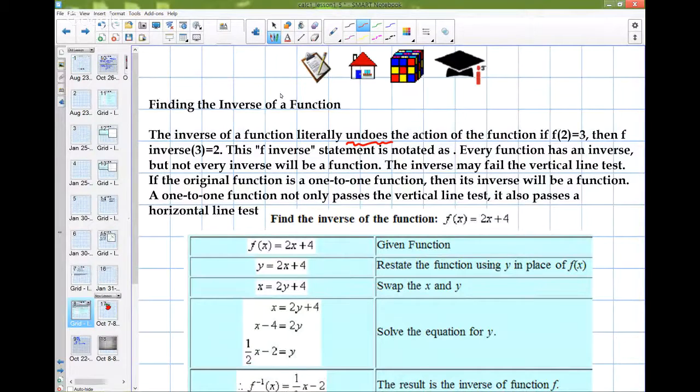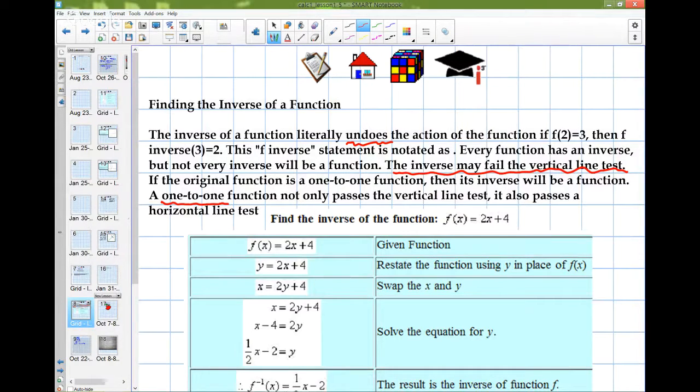The inverse might fail the vertical line test: a parabola's inverse turns out to be a sideways-opening parabola, and it fails the vertical line test. This is called a function being one-to-one. We'll talk about that more later.